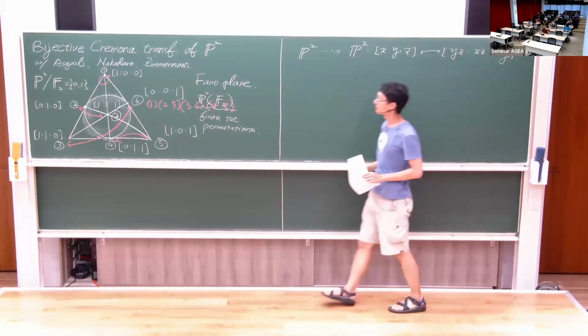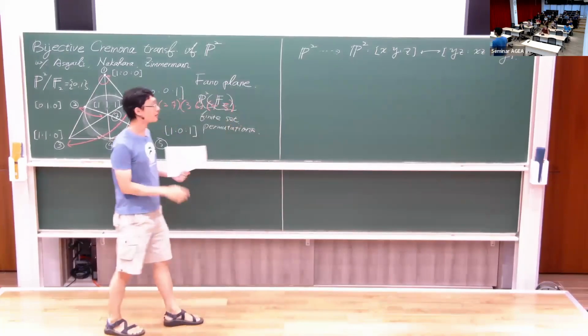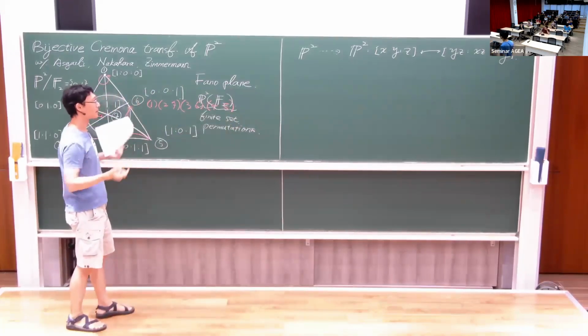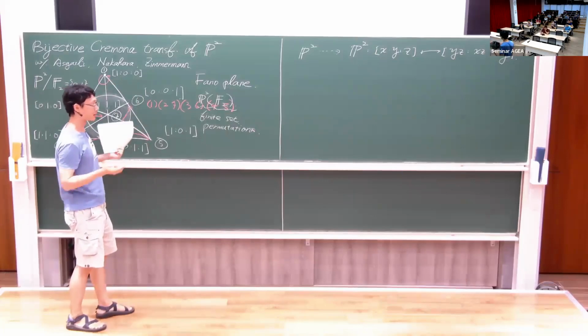So this is an example of a polynomial map going from P2 to P2. It maps some points on P2 to points on P2, and somewhere it could be undefined.